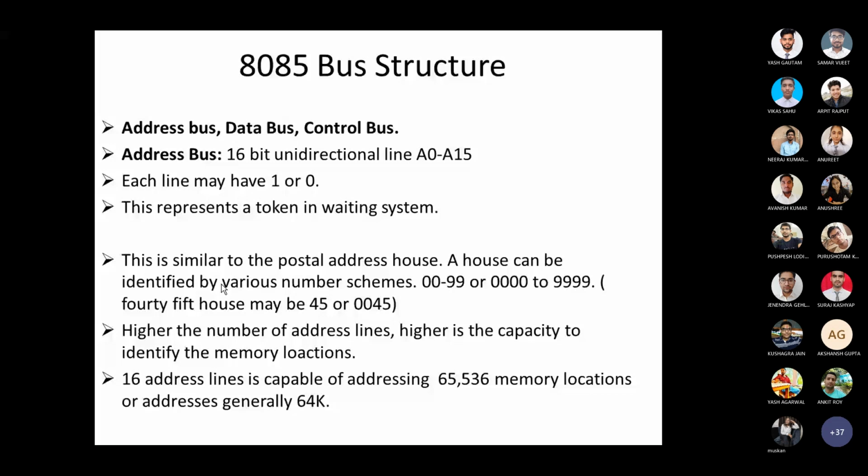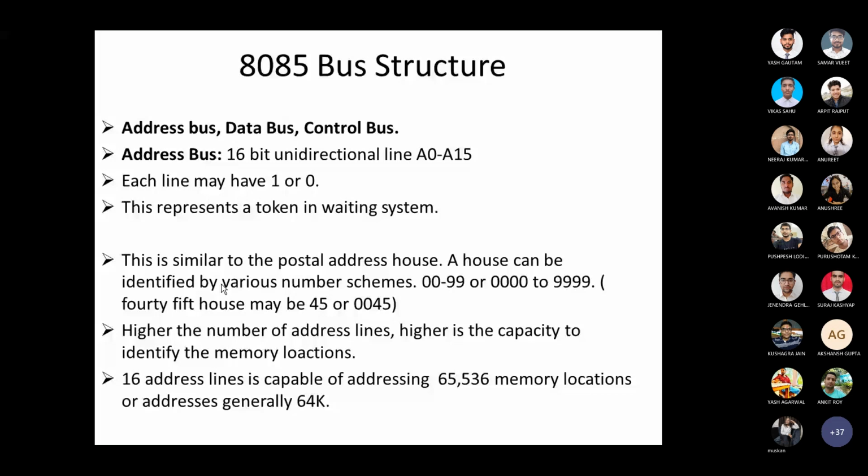So in case of 4 digits, we have a larger capacity to identify different postal addresses of houses. In the same manner, if we have higher address lines, a higher number of memory locations can be identified.